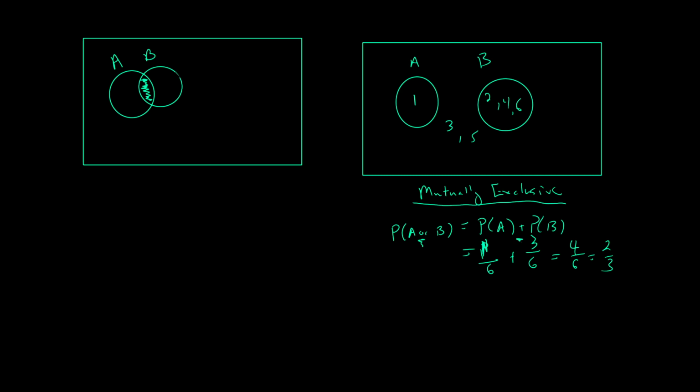Now, if they're not mutually exclusive and they share some space, we say the probability of A or B is the probability of A plus the probability of B minus the probability of A and B, the spot that they share. Notice this is very similar to the way we talked about sets.